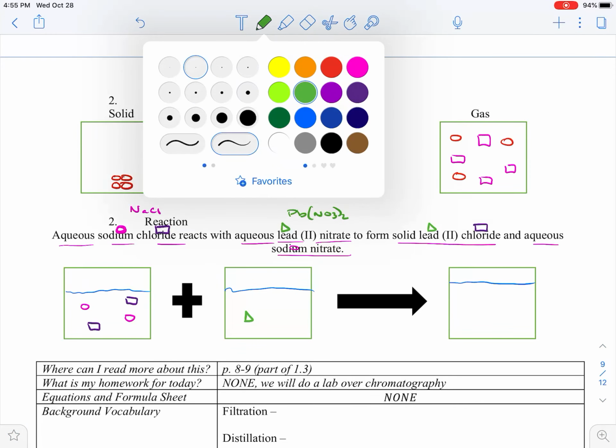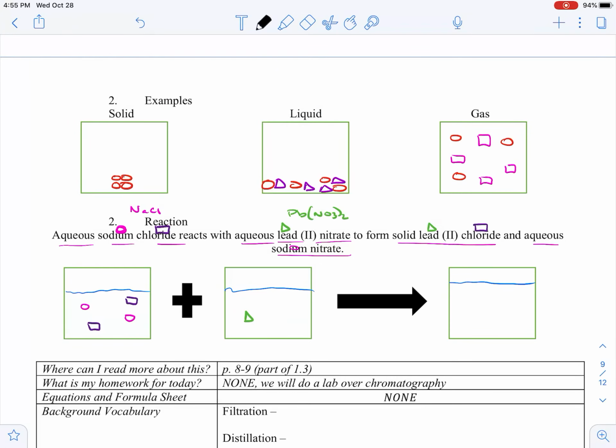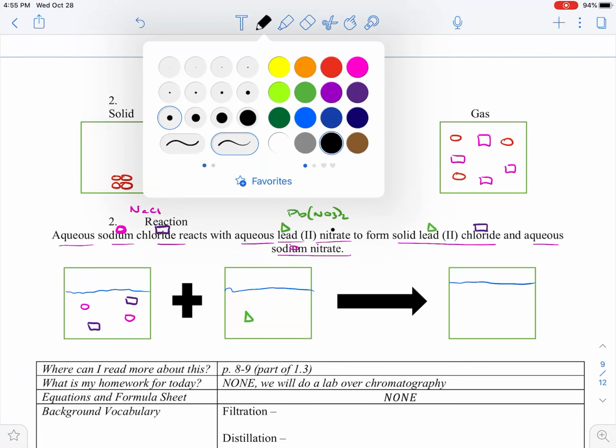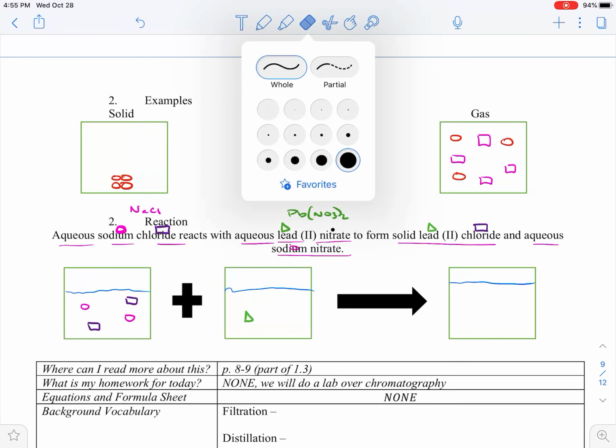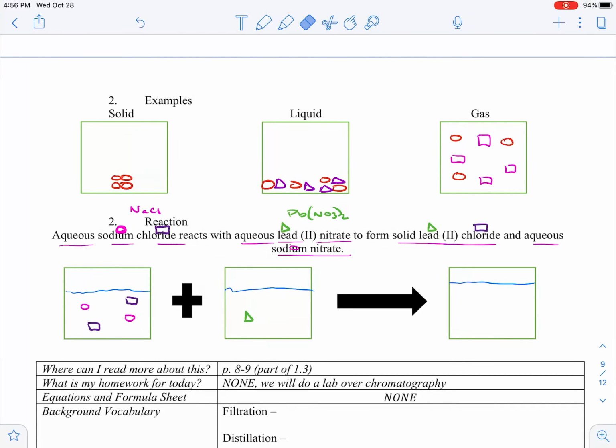For my nitrate, we're going to have to pick something else, so let's go with a black dot. My dot maybe should be a little bit bigger. Let's try that size. So our nitrate is this dot here. But I need 2 of those. Good save. So I've got 2 nitrates for every lead.